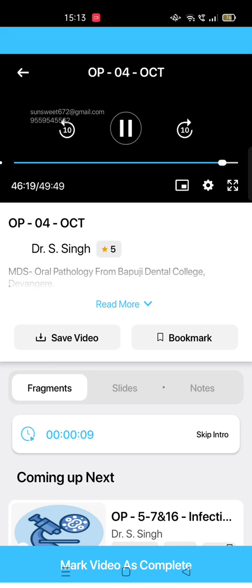Now, ghost cells are not pathognomonic to COC. Ghost cells can be seen in many other odontogenic conditions. Let us enlist them. Ghost cells can also be seen in ameloblastic fibrodentinoma.